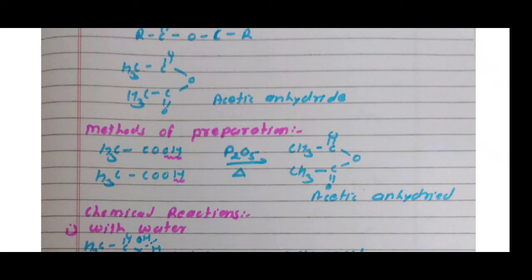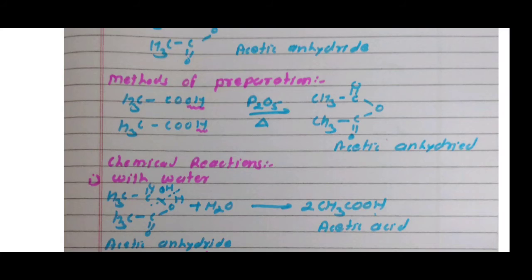After preparation, we study the chemical reactions of acetic anhydride. Similar to acetyl chloride, I am showing the reaction with water, with alcohol, and with ammonia. First, the reaction with water.